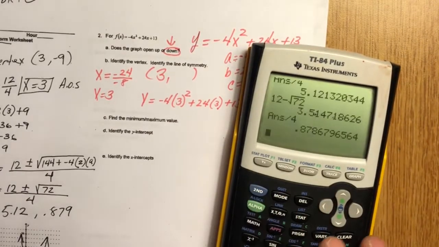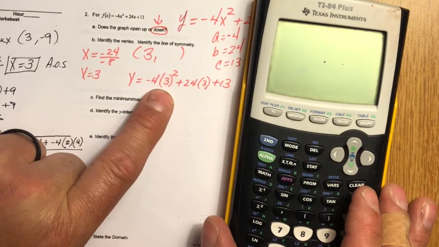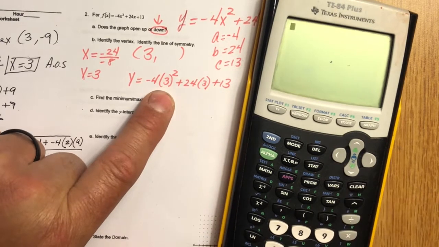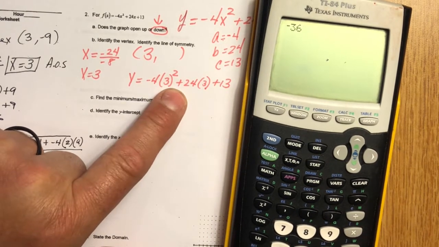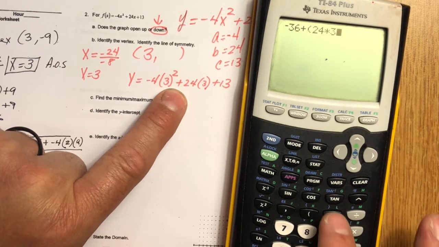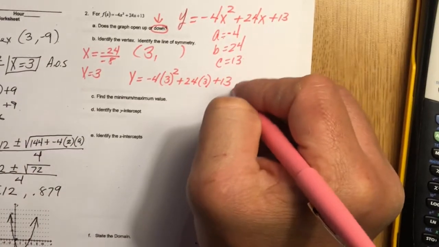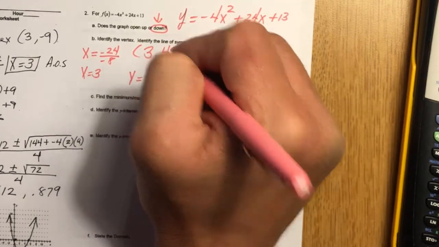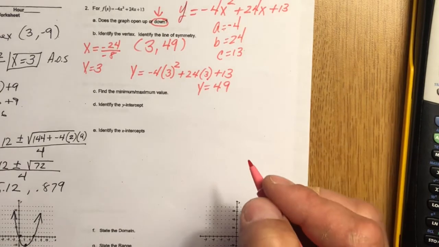Be careful using your calculator when you do this kind of stuff, okay? So we have 3 squared, which is 9. 9 times 4 is -36, plus 24 times 3, and plus 13. So it gives me 49. Okay, so y equals 49.